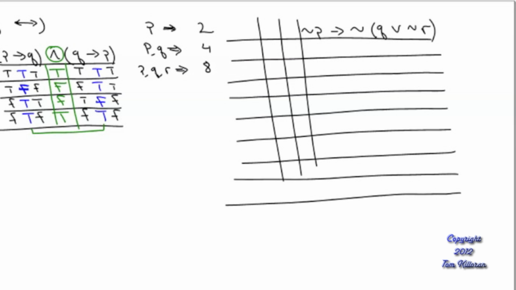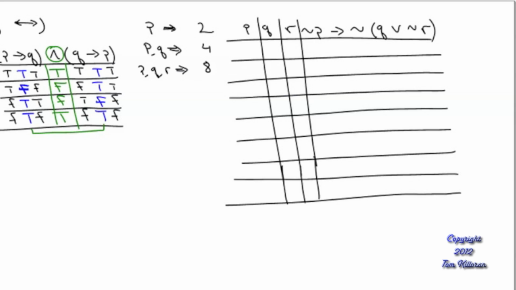Just be thankful you don't have to draw the horizontal lines. You have them on your paper. Okay, so over here is P, Q, R. It has 8 lines going down. Each of the P, Q, and R can only be true or false, but there are 8 possible ways of mixing and matching them.